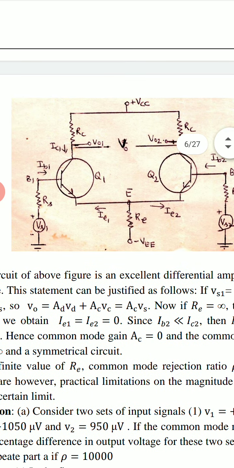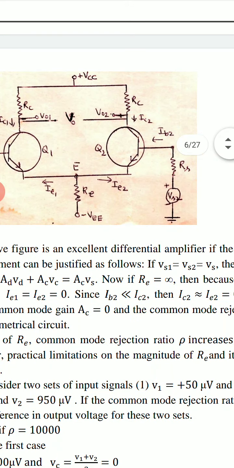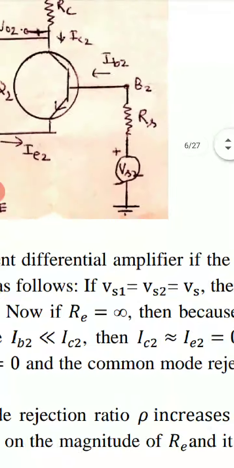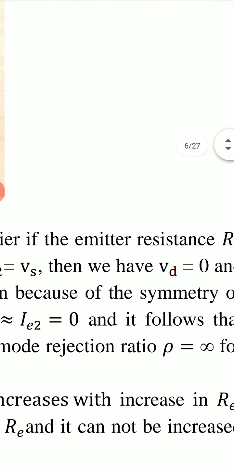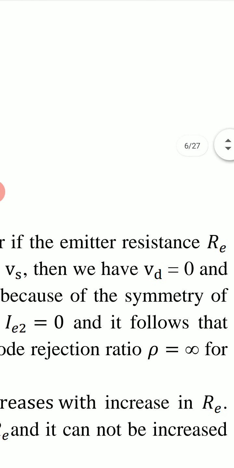This statement can be justified as follows. If Vs1 equal to Vs2 equal to Vs, both input signals Vs1 and Vs2 are the same, equal to Vs, then we have Vd equal to 0.